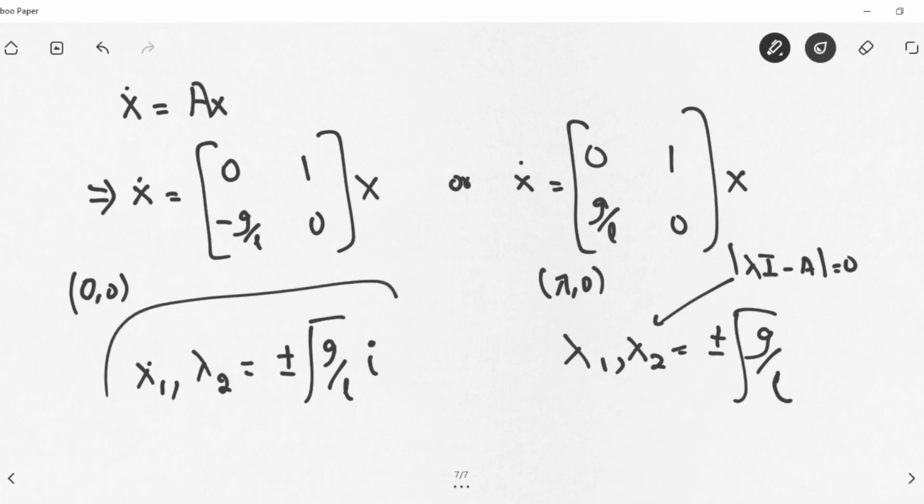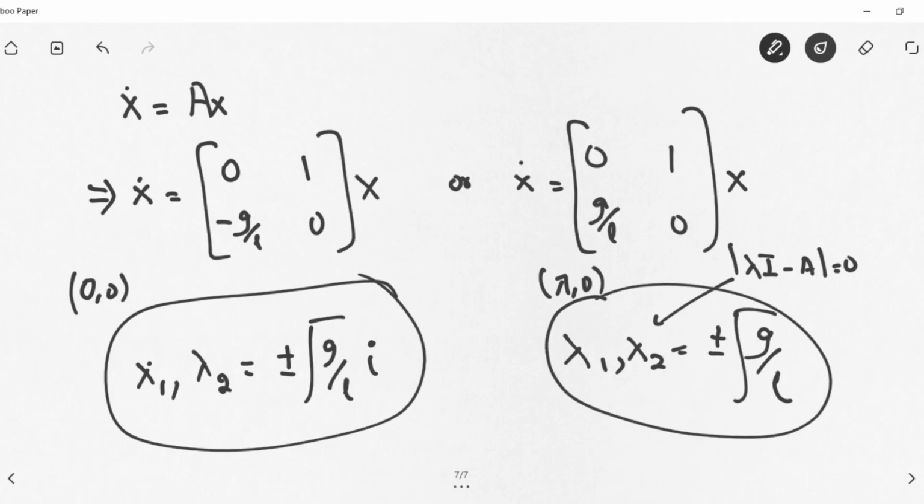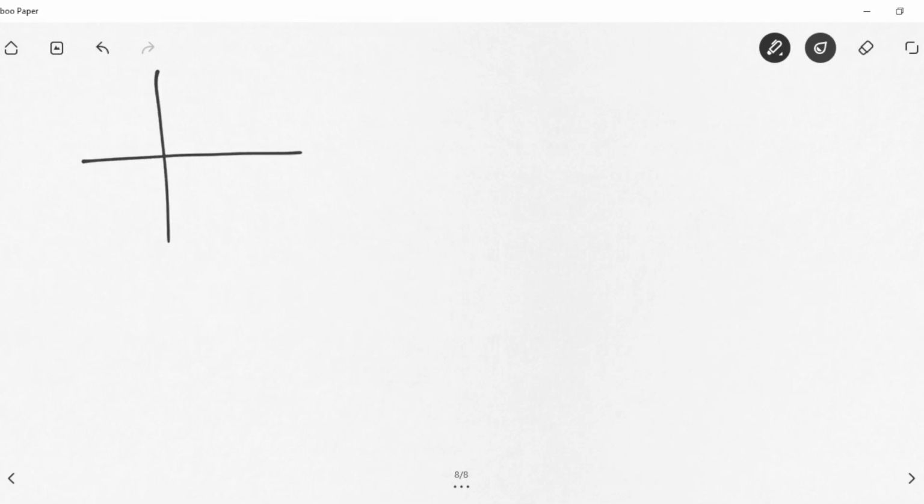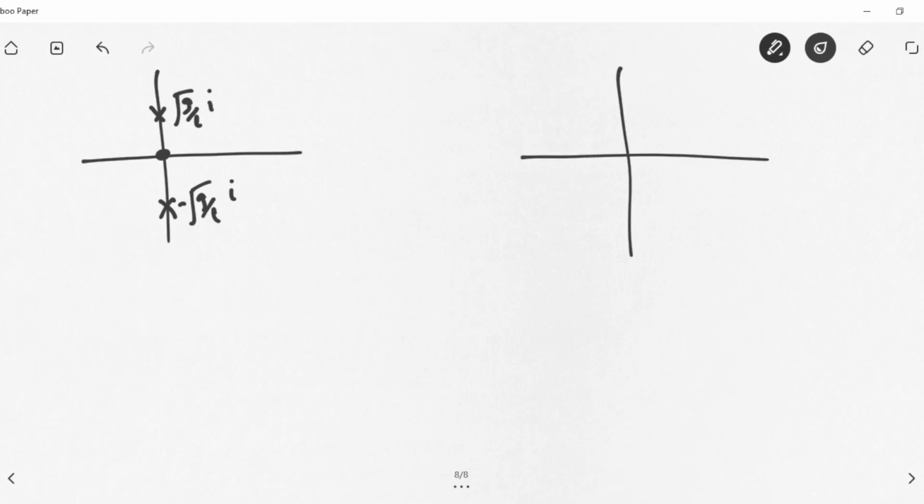So in one case, lambda 1, lambda 2 is coming out to be plus minus under root of g by L iota, and in another case, plus minus under root of g by L. If we plot this in the S-plane, for the equilibrium point 0 0, lambda 1 is under root of g by L I and minus under root of g by L I. For the equilibrium point pi 0, the eigenvalues are plus minus under root of g by L. One eigenvalue is here, and the other is its mirror image.